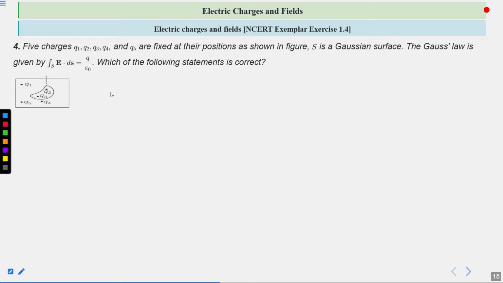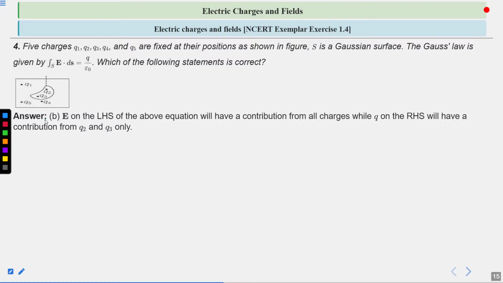Our correct answer is B. E on the LHS of the above equation will have a contribution from all charges, while Q on the RHS, that is Q divided by epsilon naught, will have a contribution from Q2 and Q3, because in the figure only 2 charges, Q2 and Q3, are enclosed.